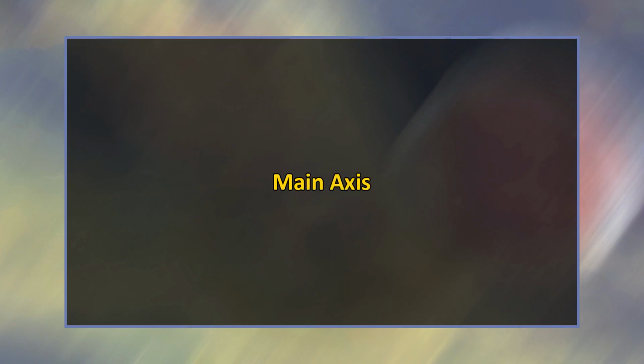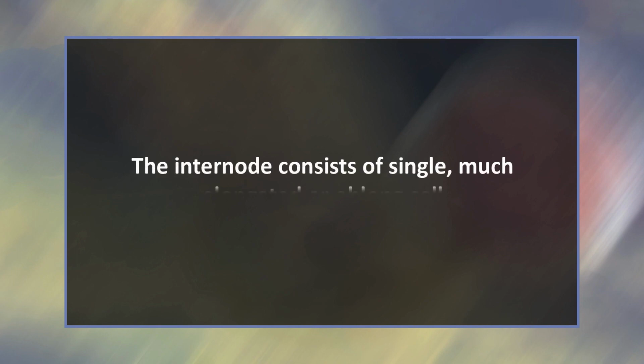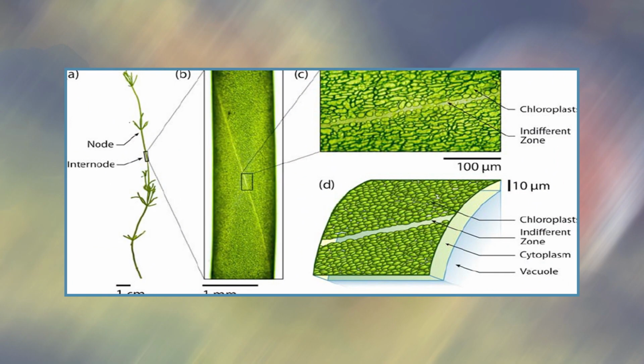Now, the main axis. The main axis is erect, long, branched and differentiated into nodes and internodes. The internode consists of a single, much elongated or oblong cell. The internodal cell in some species may be surrounded by a one cell thick layer called cortex, and such species are called corticate species.